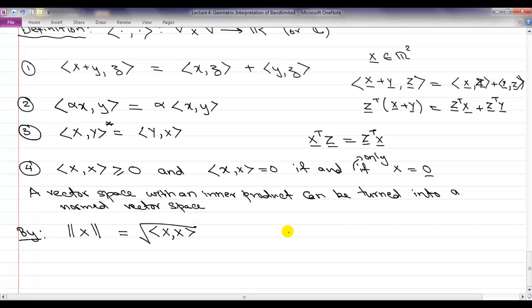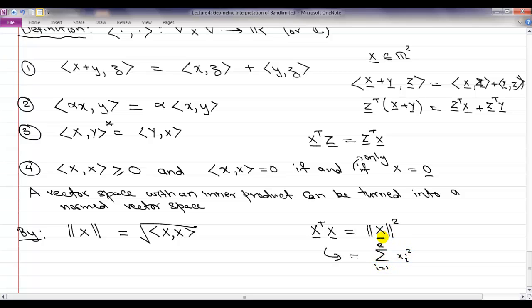The classical example, of course, is that if I do X transpose X in R2, that is simply equal to the norm of X squared. Because this is equal to the sum over i equals 1 to 2 of xi squared.